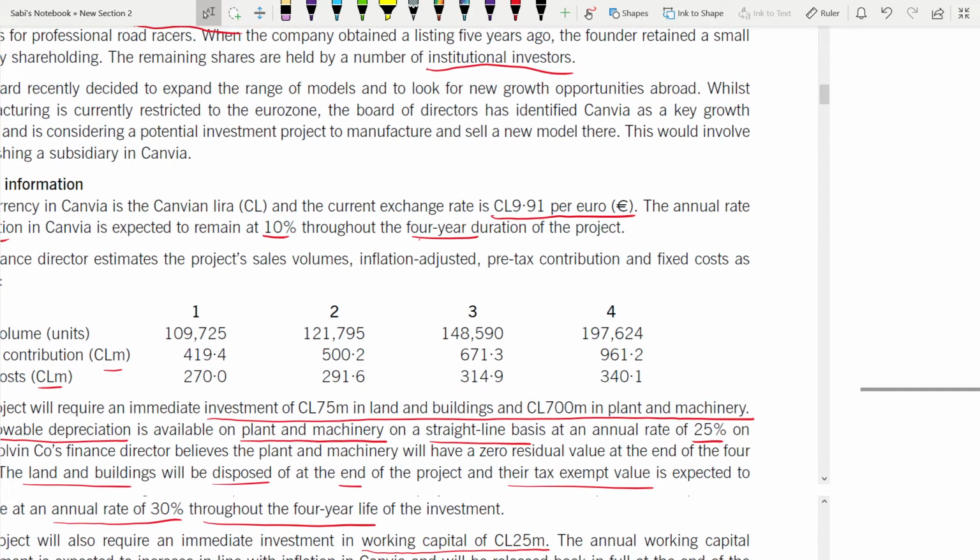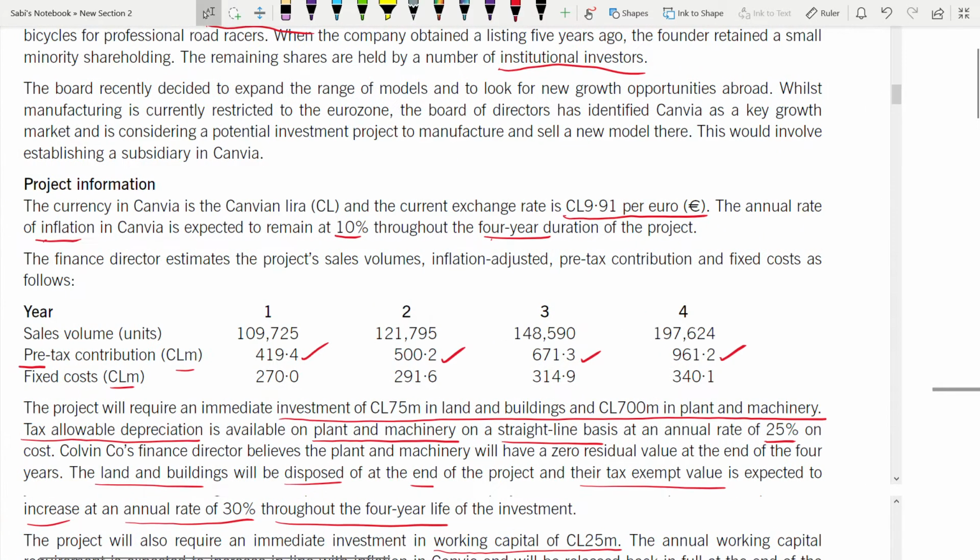Have this habit of marking, ticking. When you have written a number and posted it in your table, tick it in your question paper, because that will help you when you go through your question paper. Of course, you'll be going through your case study several times, not just once, to pick many numbers, to take your fixed costs and the remaining extra items. That time this will help you.